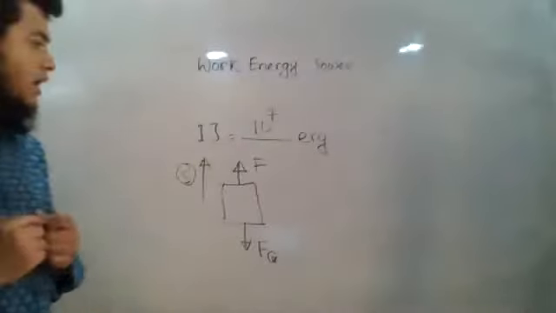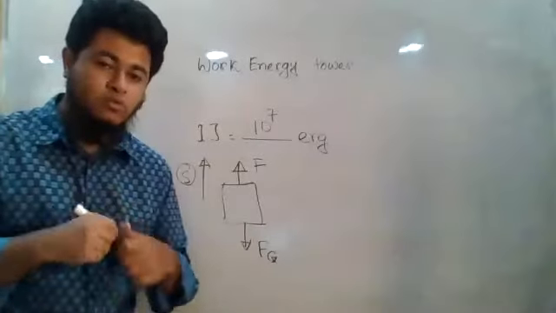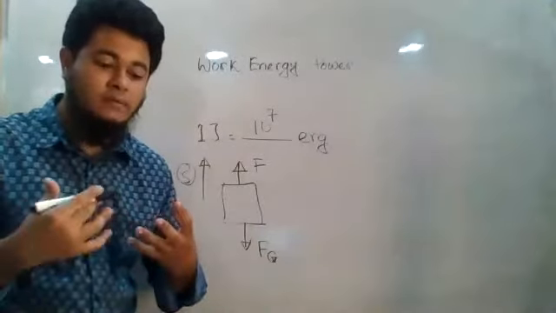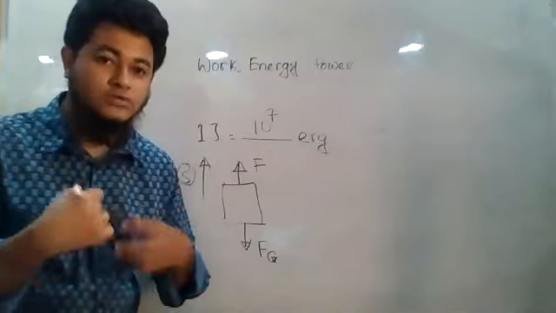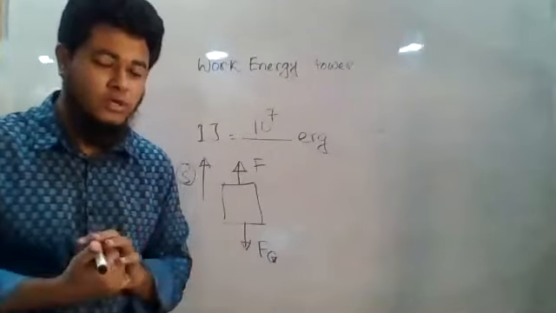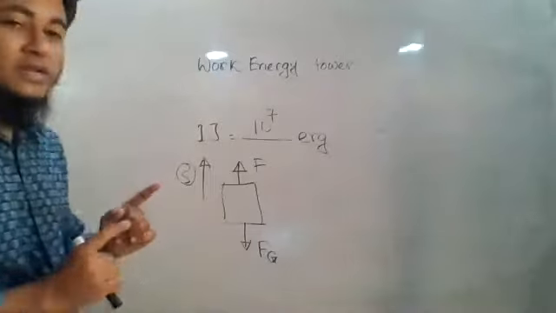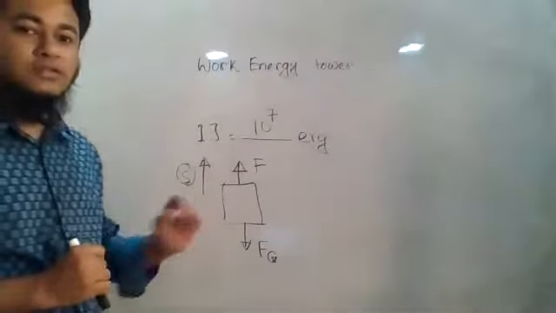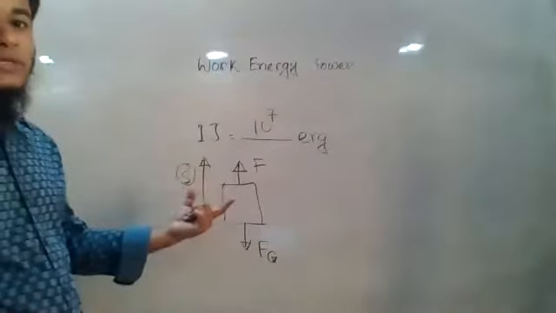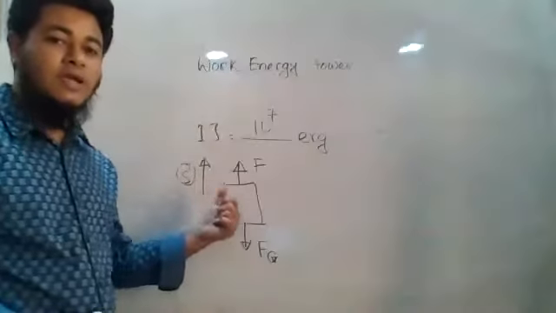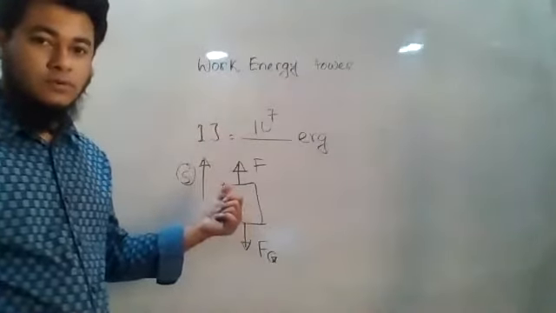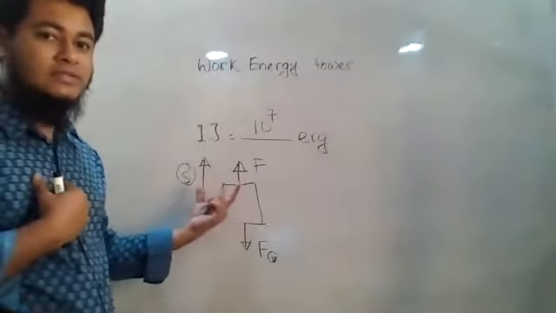Now if I ask you which one is work done by the force and which one is work done against the force, you will judge that by the direction of the displacement and the direction of the force. Here the direction of the displacement and the direction of the force applied by me are in the same direction.